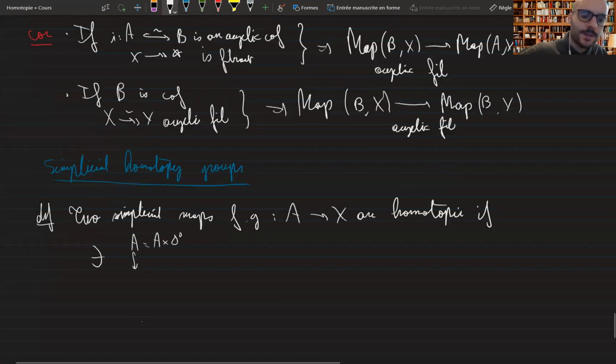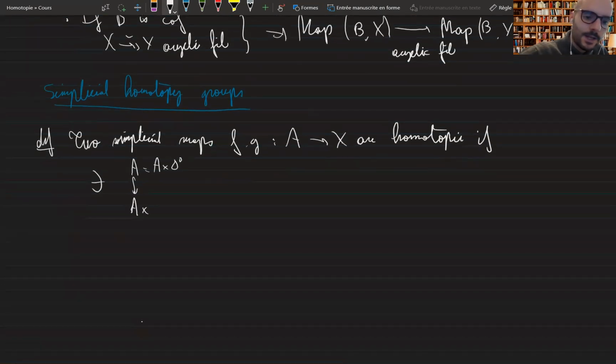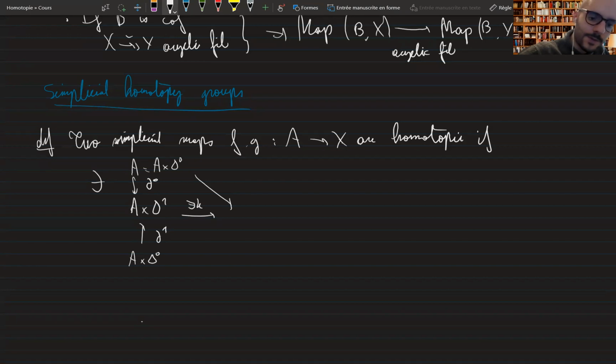You can view this as a subset of A cross delta 1 in two different ways, either by d0 or by d1. And you want some h like this to exist.